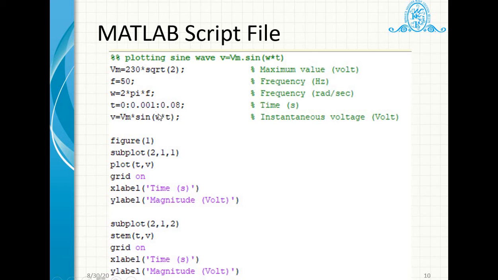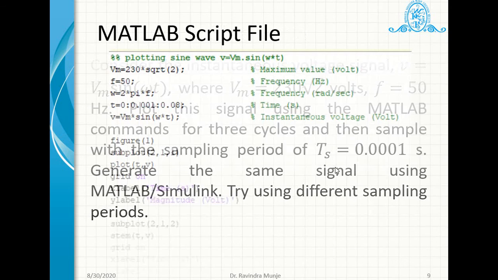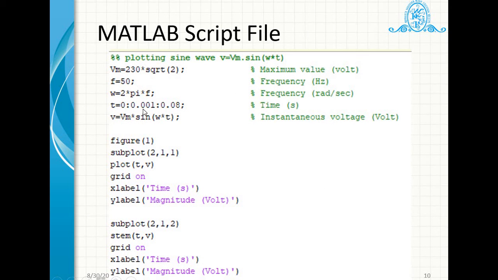Here in this example, it is mentioned that the sampling period should be 0.0001. But here I have taken, for our understanding, 0.001. We can change this and we can observe the changes.